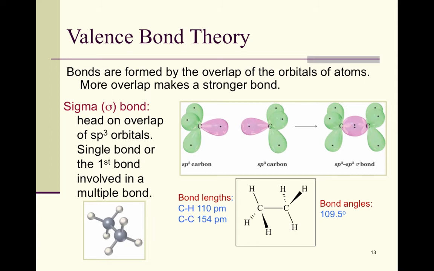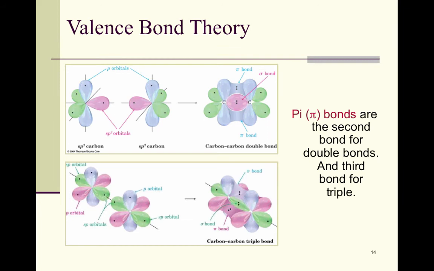I'm going to forewarn you that sigma bonds, single bonds, have different bond lengths than double bonds and triple bonds. Those will be more numbers to memorize. So know that this is specifically only for sigma bonds, or single bonds. And then the bond angle on our tetrahedral is 109.5, and we're going to get into more specifics on those later.